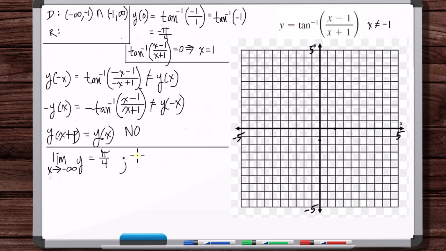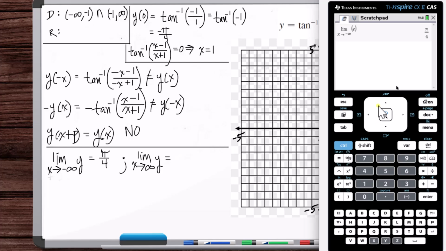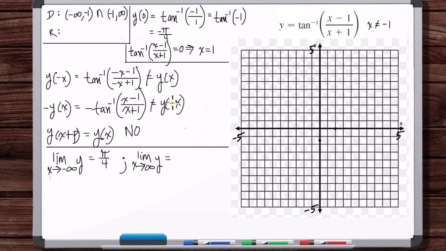The limit as x approaches positive infinity of the function is equal to pi over 4.